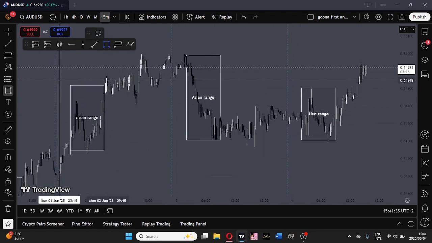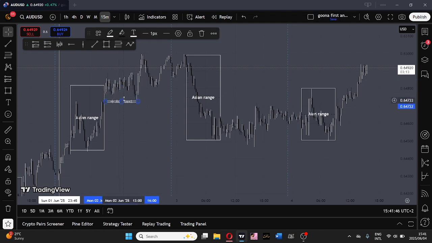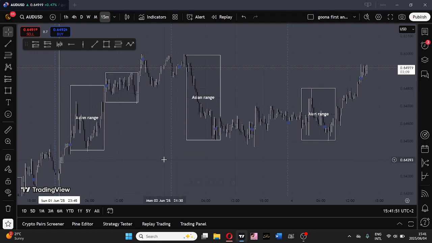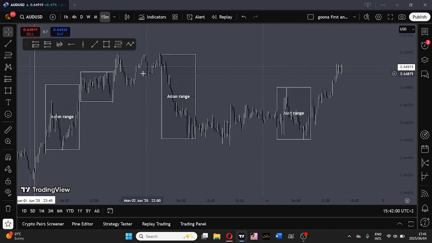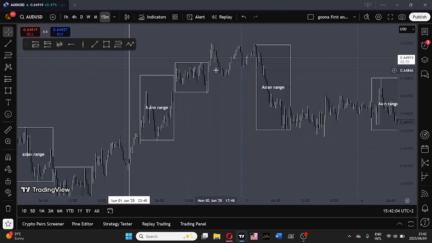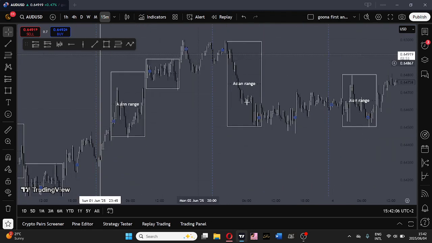On Monday, right after the Asian session closed, liquidity was taken out, and this is from 9 till 4. So here, liquidity was taken out. After that, it created another liquidity and chased it back up. We did not find a clear entry point.